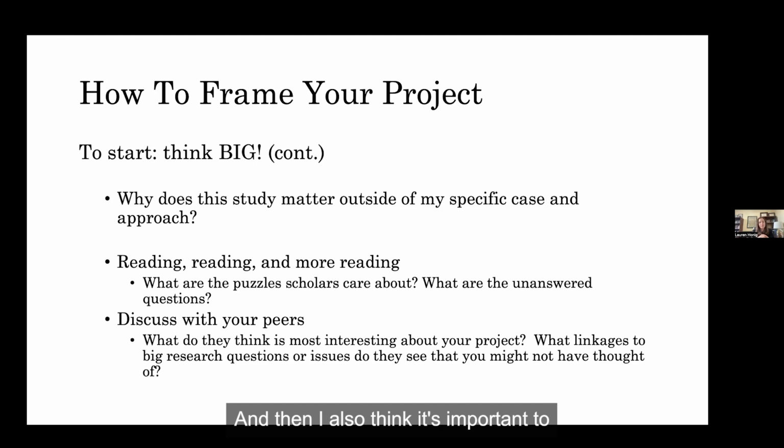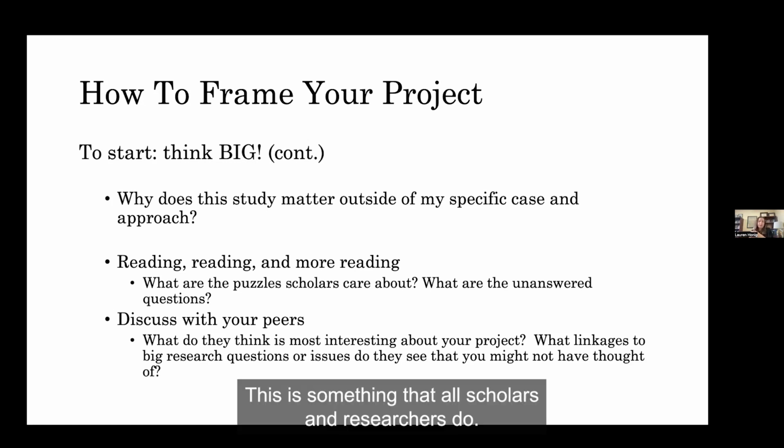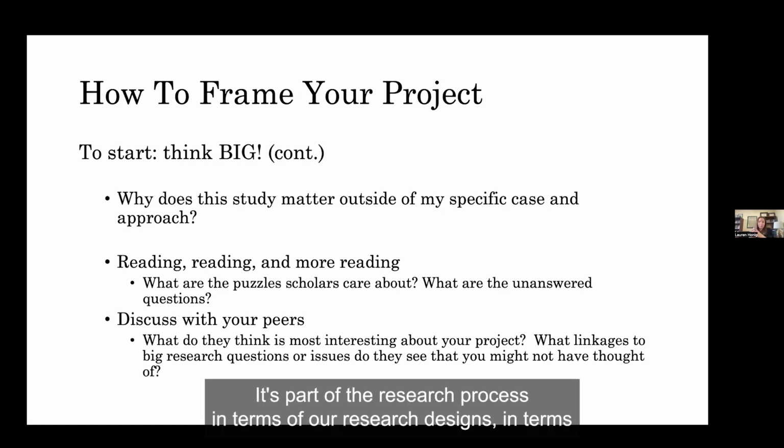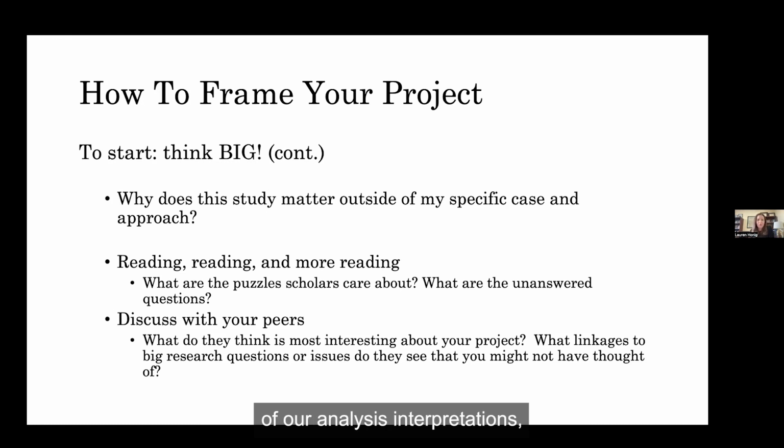And then I also think it's important to get feedback on your frame. This is something that all scholars and researchers do. It's part of the research process in terms of our research designs, in terms of our analyses, interpretations, etc. But it's also part of framing.